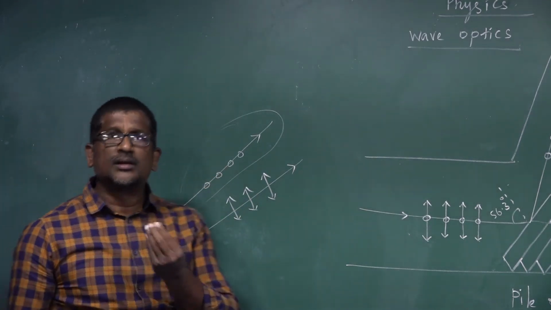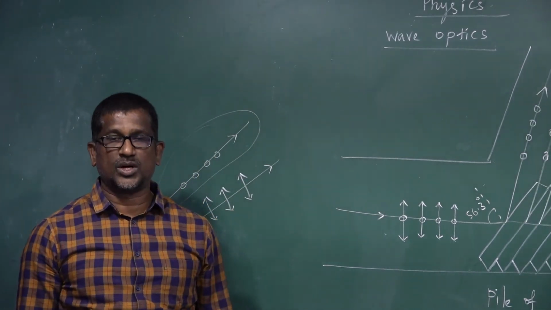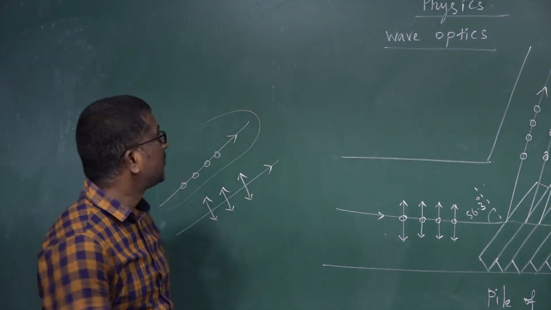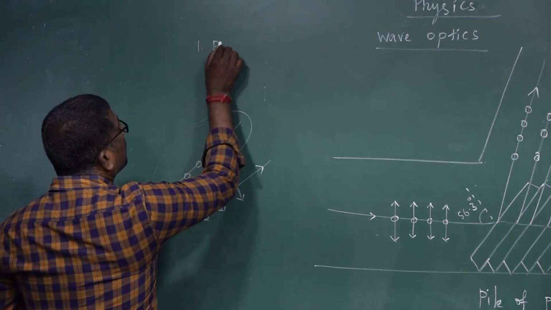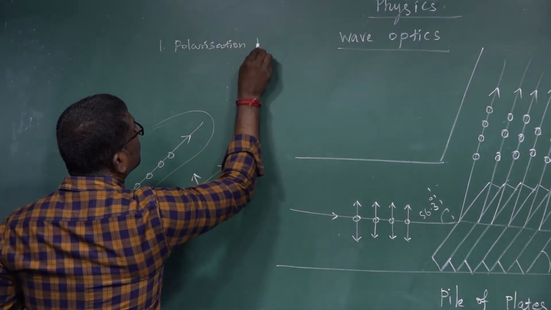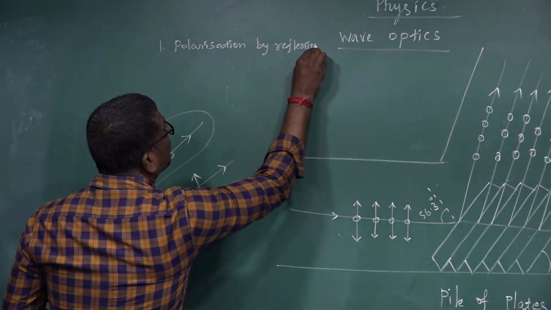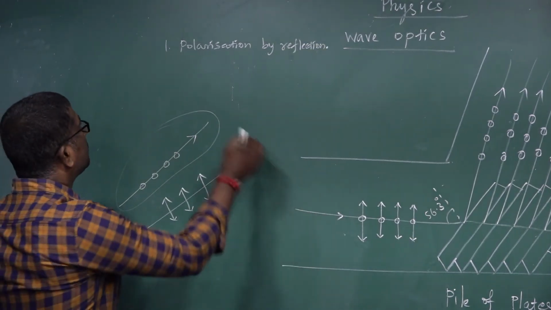There are different methods used to produce plane polarized light. What are the different methods? First, polarization by reflection.